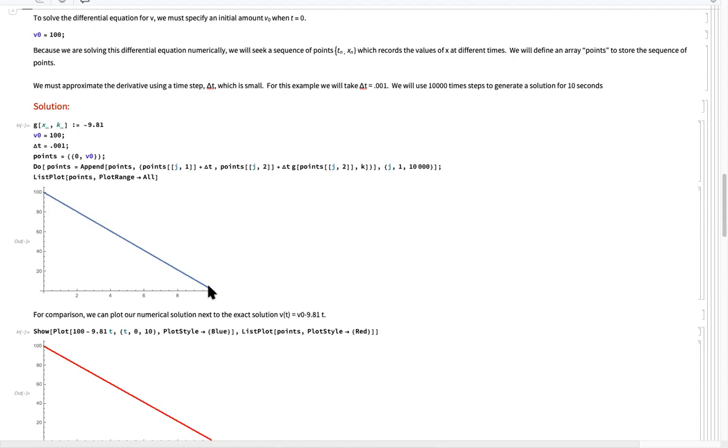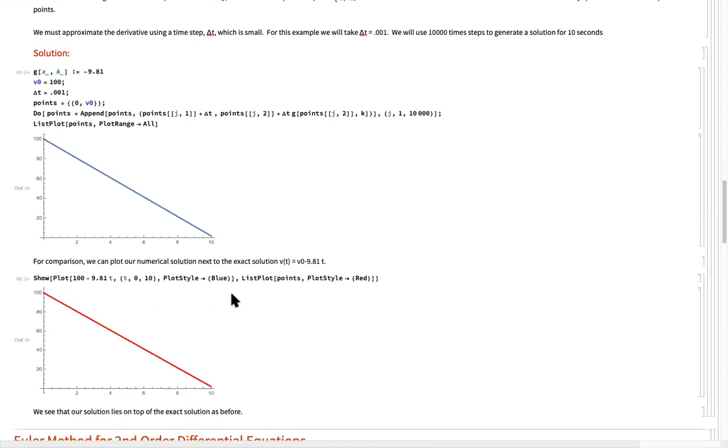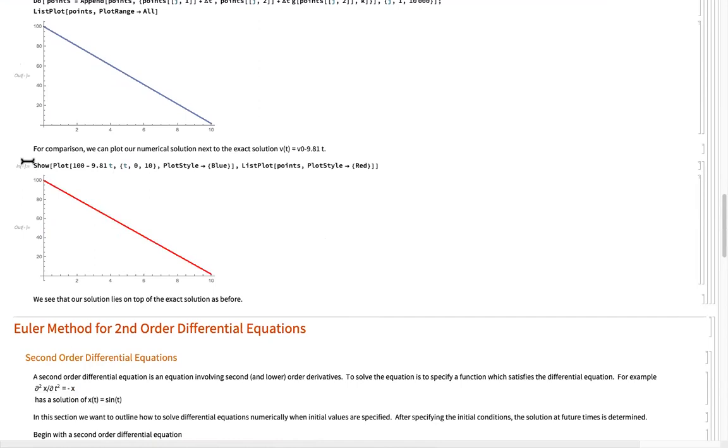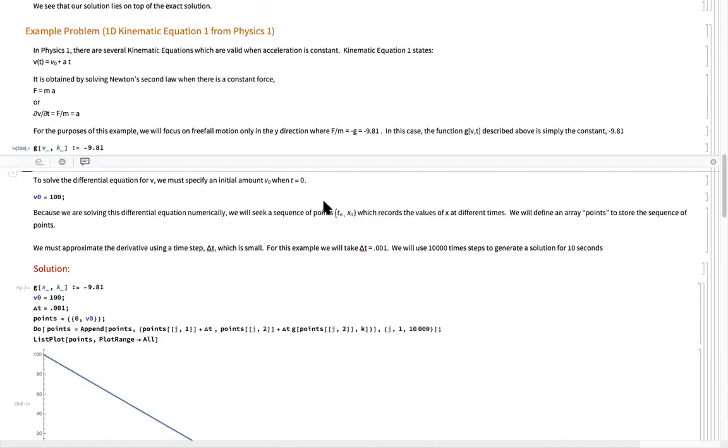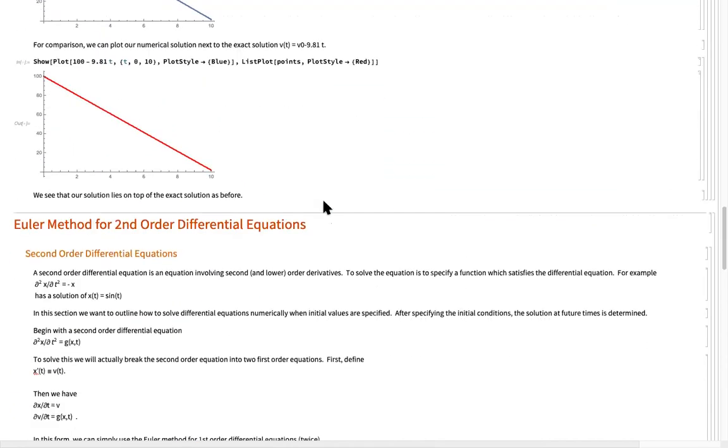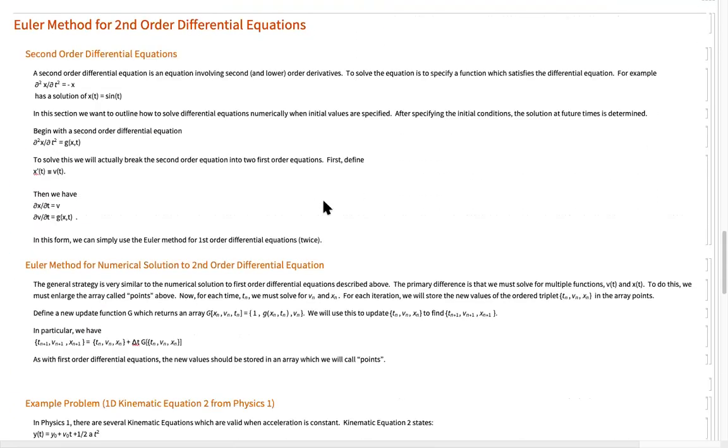It's almost to zero after 10 seconds. And then you can plot that versus the exact solution, and you can see that it matches. Okay, so those are two examples using the Euler method to solve differential equations, and you get a feel for how it works.